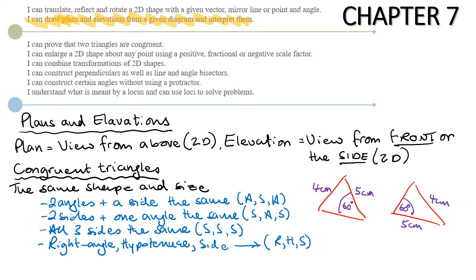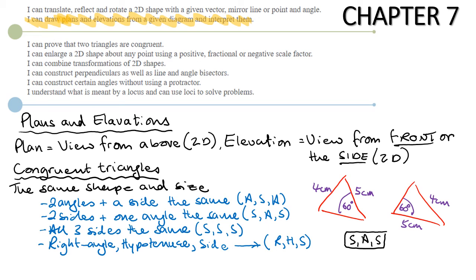Well, let's have a look at the positions. Both of them have a 5 and a 60 touching the 5, so that agrees. And the 4 centimeters is opposite the 60. So these two are congruent because they're in the right position, so we would use the abbreviation SAS. They've got a side, an angle, and a side the same in the correct positions.